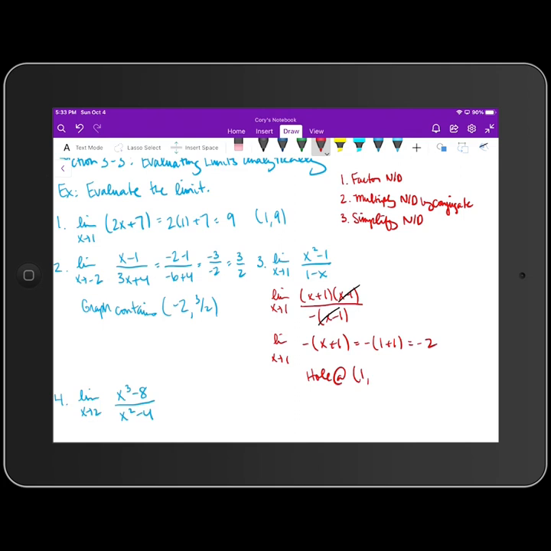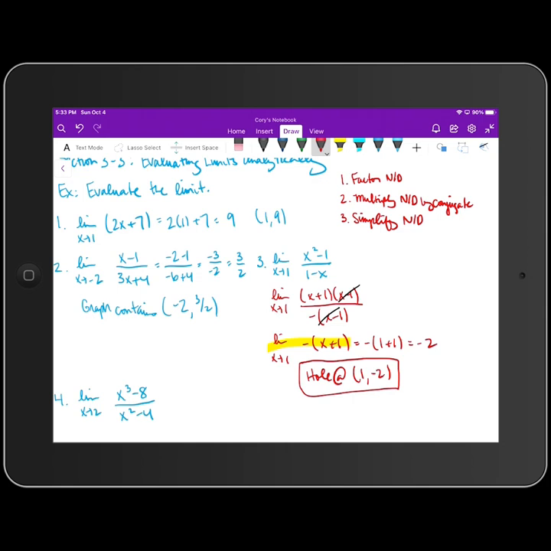And then when we plug 1 into the simplified function, which is what we did down here in that highlighted step, the output is going to be the y-coordinate of our hole. So this limit tells us that our graph has a hole at the point (1, -2).